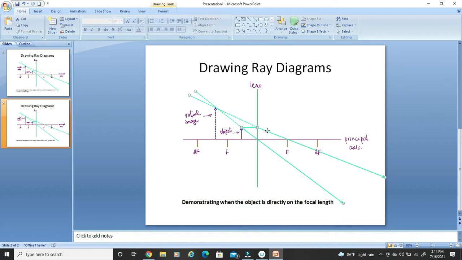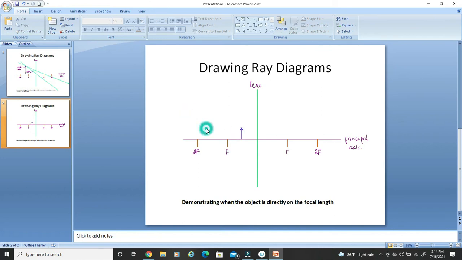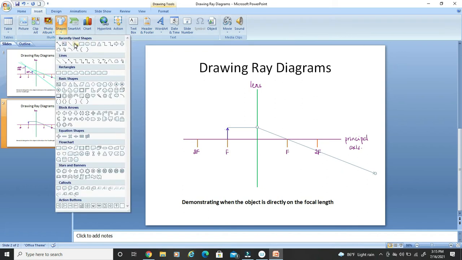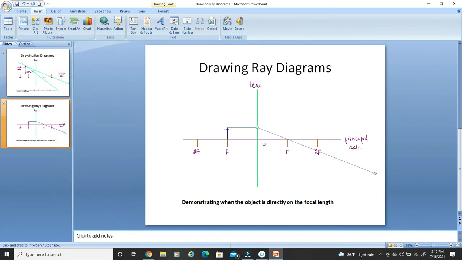Now we're going to move the object onto the focal point, the focal length away from the lens. So the first ray again travels from the top of the object through the lens and diagonally through the focal point.